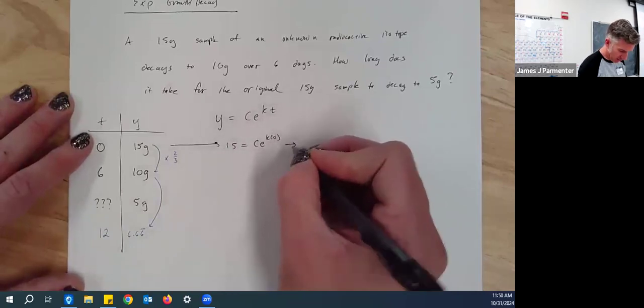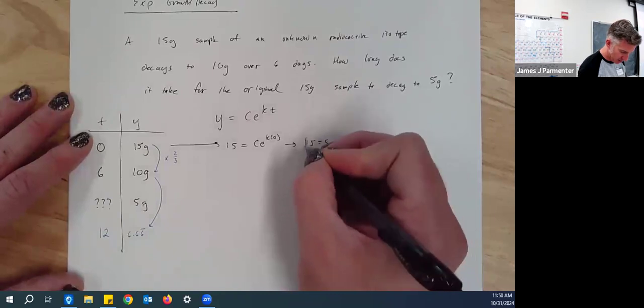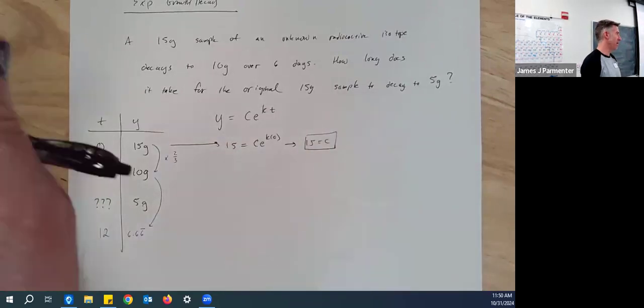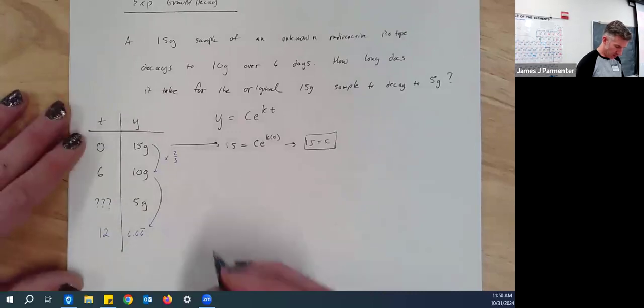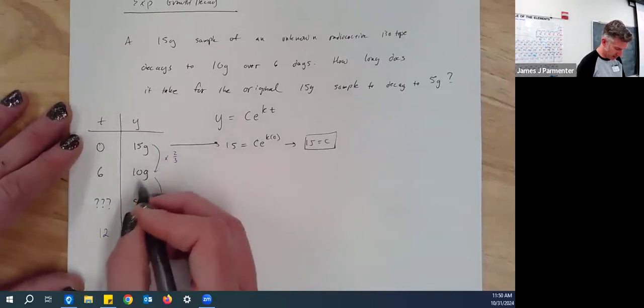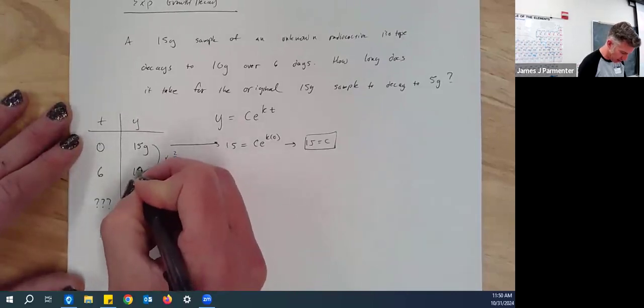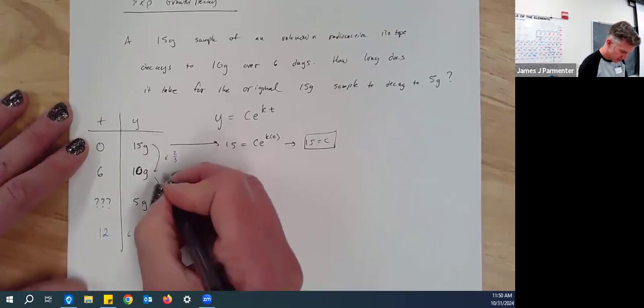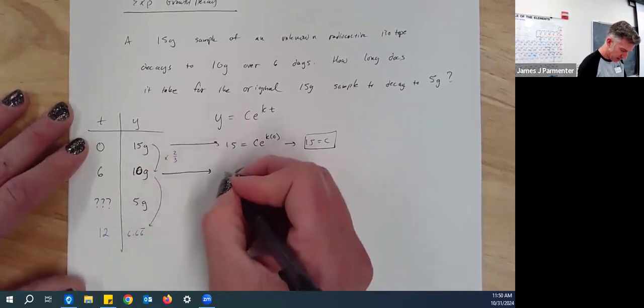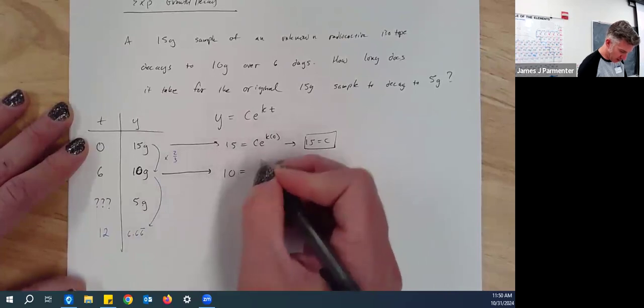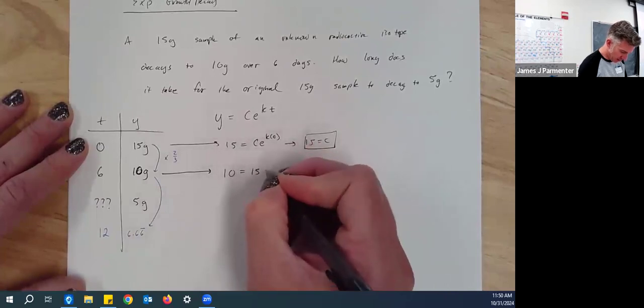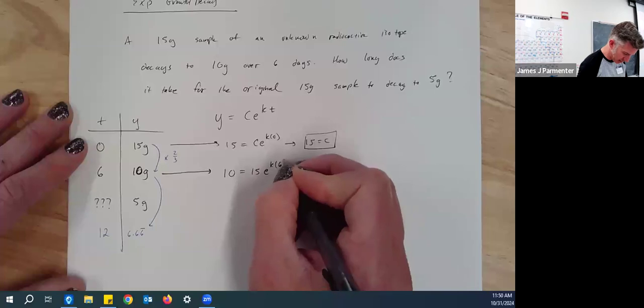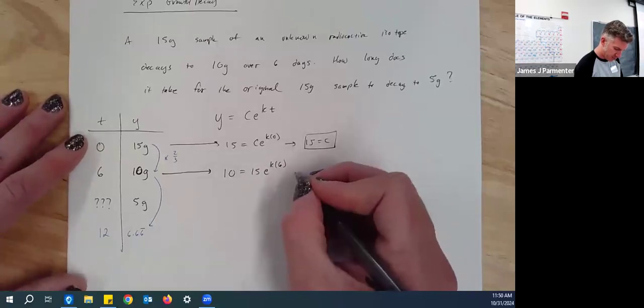That gives you 15 equal to C. C is always your initial amount at time 0. Then we plug in the next data point, 10 grams, not log. We plug in 10 for y, 15 for C, and e to the k times 6. Then we solve for k.